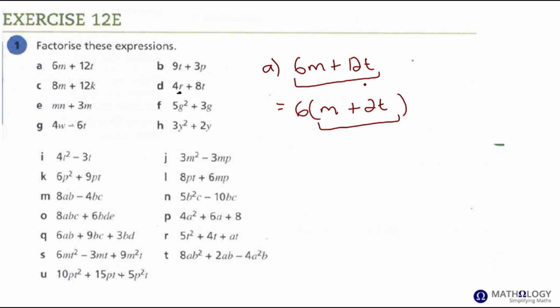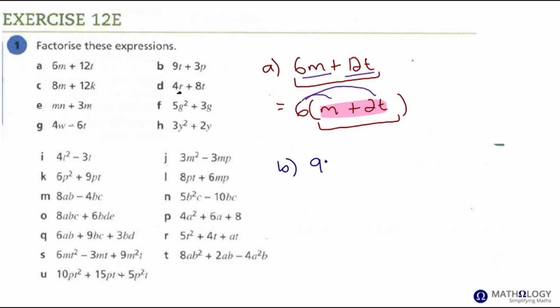Inside the factorized brackets, we have still got two terms. And you should always check your work, regardless of what the question is. In any aspect of maths, you should always check your work. So if we multiply 6 back into the brackets, 6 times m gives us 6m, and 6 times 2t gives us 12t. That's how we know that we've factorized correctly.